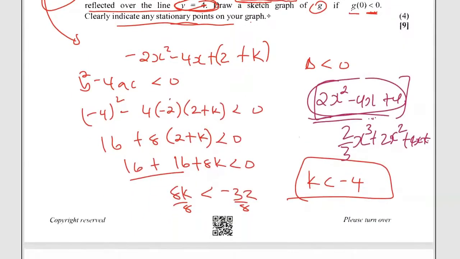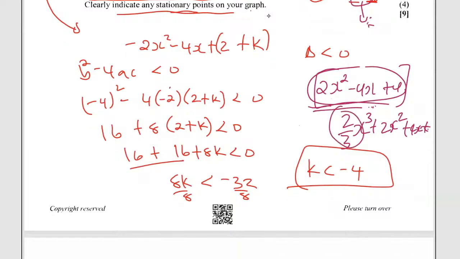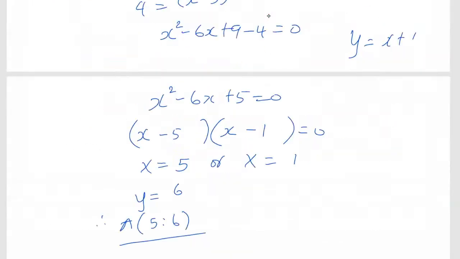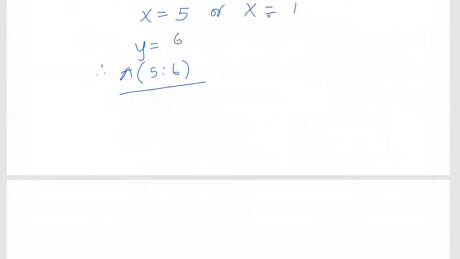Now, since they told us that when x is 0, the value that we have is going to be a negative, and our a here is kind of positive, meaning that the shape of our graph should be something like that. Okay, something like that when x is 0.